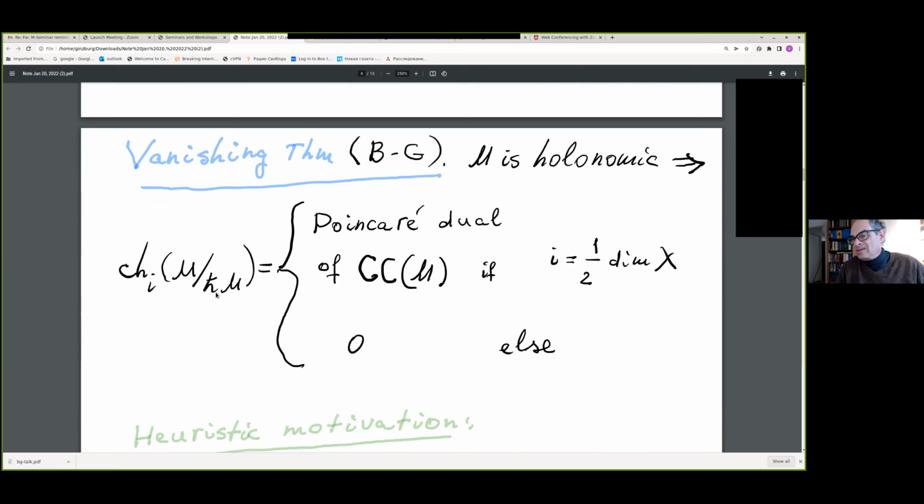And this one is Poincare dual to the characteristic cycle. So the Chern character is as small as possible. I would say it's even less than one could possibly imagine. The only non-trivial component is completely dictated by the characteristic cycle.